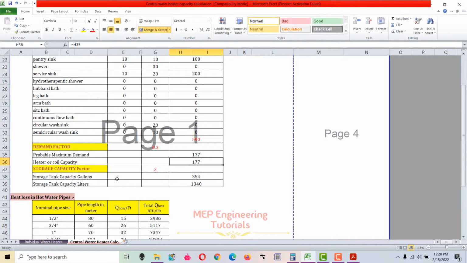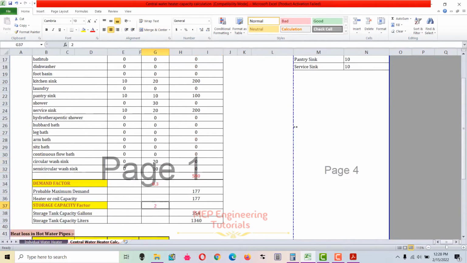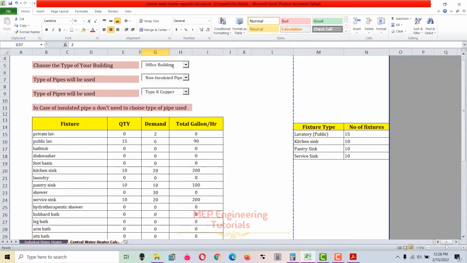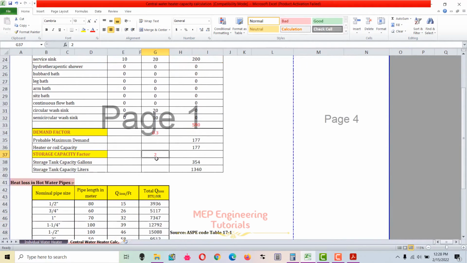Now the storage capacity factor is 2 for this office building. So the storage tank capacity in gallons, you simply multiply this probable maximum demand with this storage capacity factor. You will get 354 gallons storage capacity for this office building.